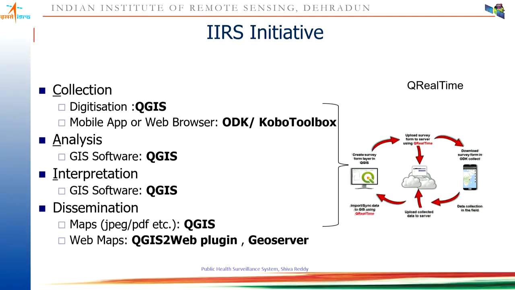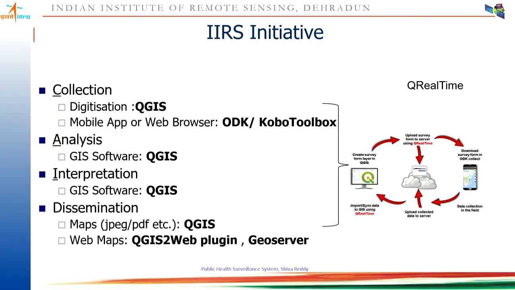You can analyze it, right? At the same time, suppose you want to create a new form to collect new data from the field, you can create a simple GIS layer in QGIS, and with a single one or two clicks, you are able to make it available in all mobile phones connected to your server.